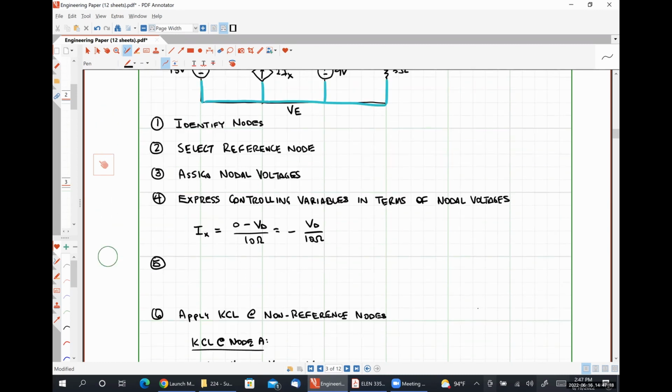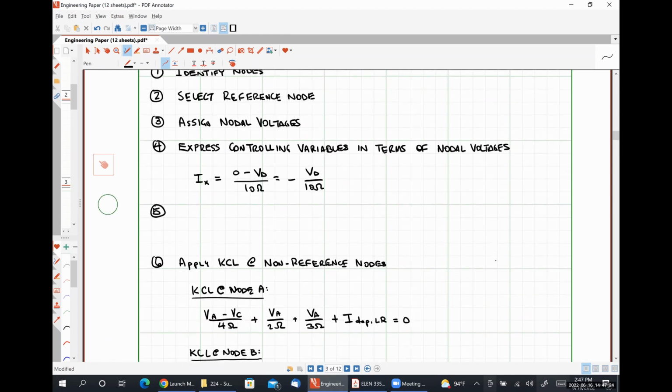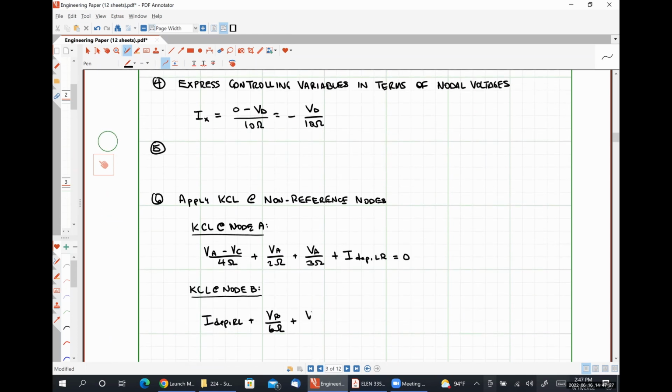Then the current flowing down through my 8 ohm resistor, which is VB minus VD over 8 ohms, and set this all equal to 0.